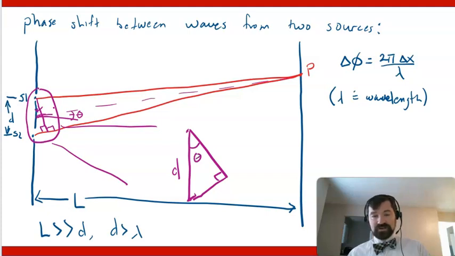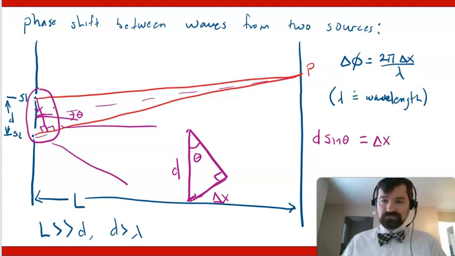And this side right here at the base of the triangle represents the difference in path length taken from source 1 to the point and from source 2 to the point. So just using basic trigonometry, d times the sine of angle theta is equal to delta x.